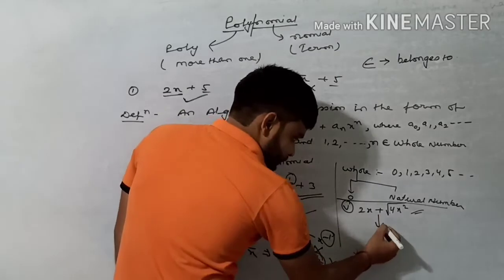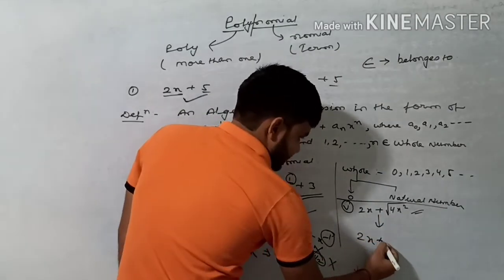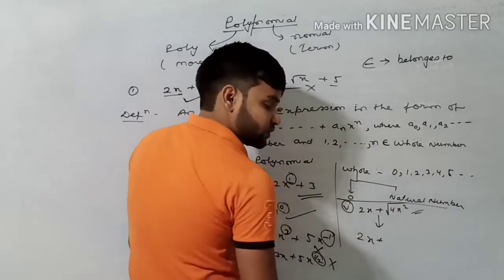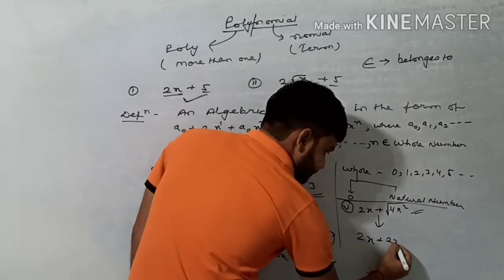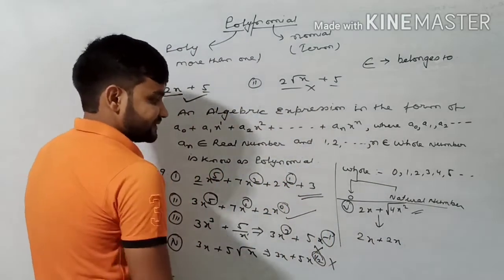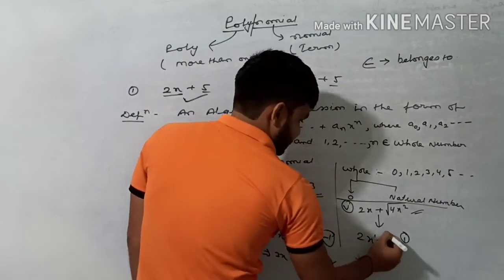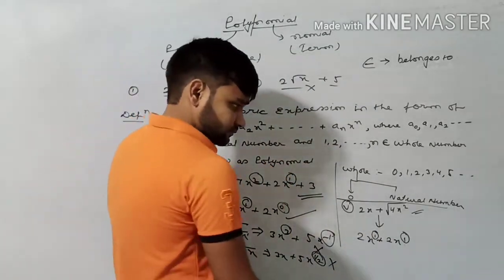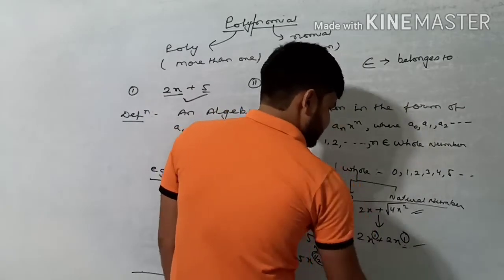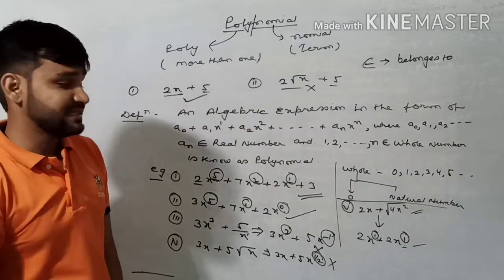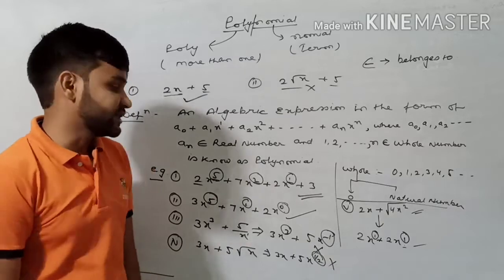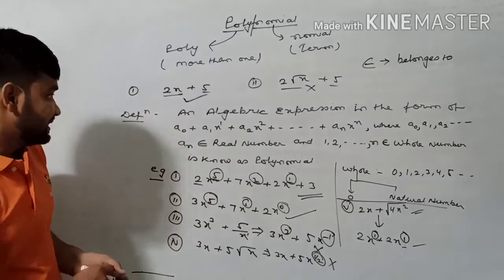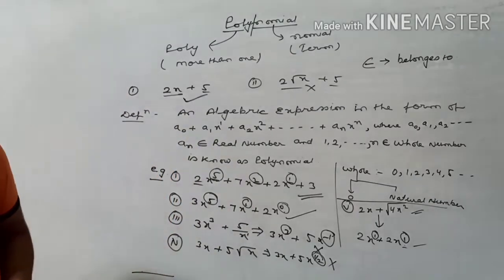So first resolve or rewrite it. When we find the root of the given term, root over 4x square, we are able to find it. Here we see that the power of the polynomial is 1. So we clearly understand that the algebraic expression is a polynomial. Next we have to discuss two terms, coefficient as well as degree.